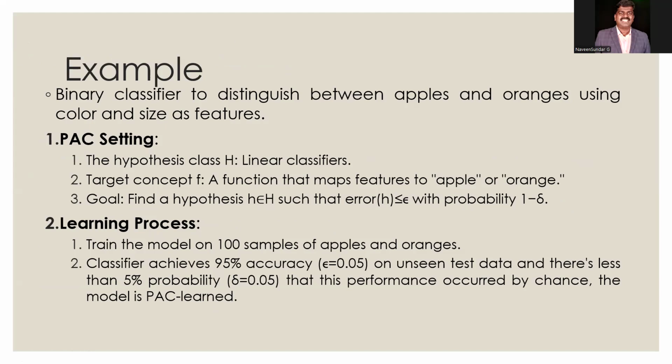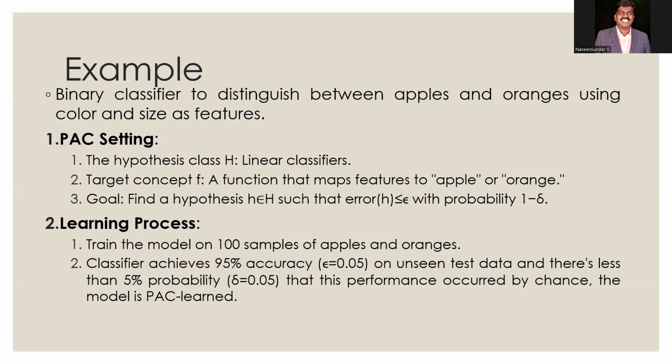Let us see an example: a binary classifier to distinguish between apple and orange. Based upon features like color and size, we can classify the fruit, whether it is apple or orange.